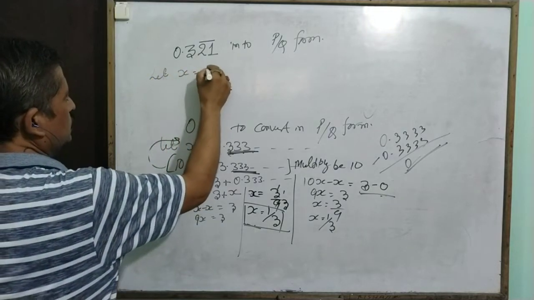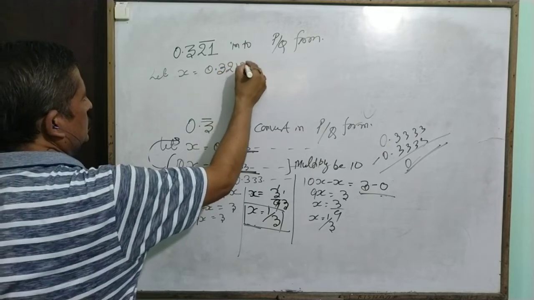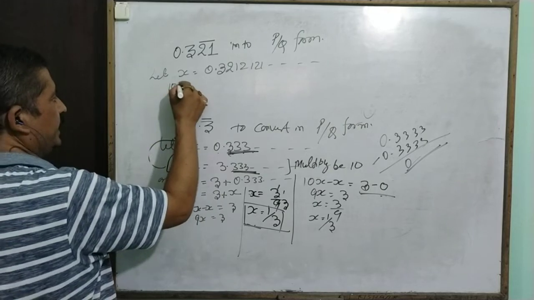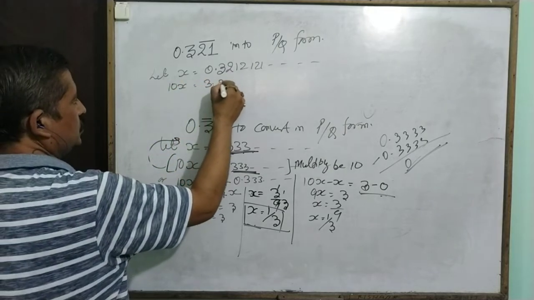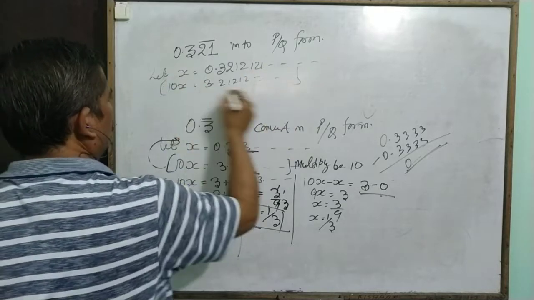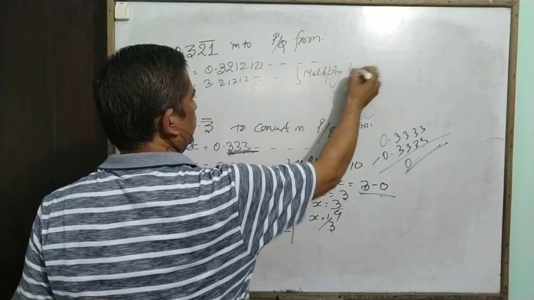Let x equal 0.321212. When multiplied by 10, 10x is 3.212121.